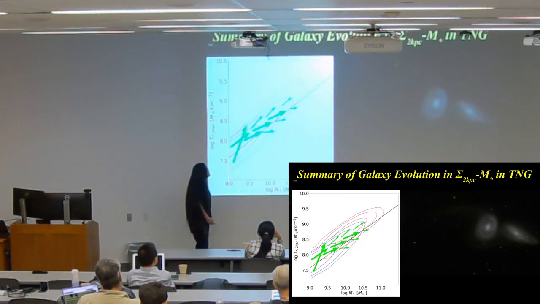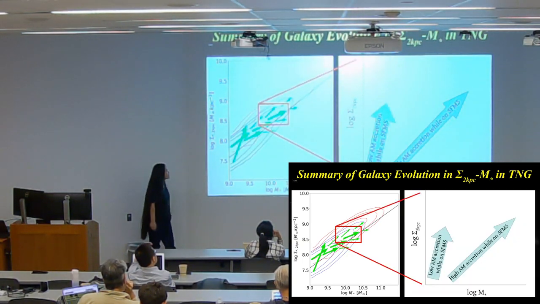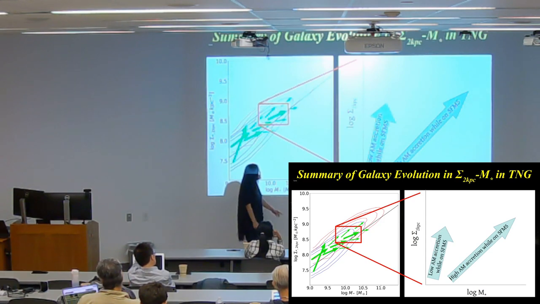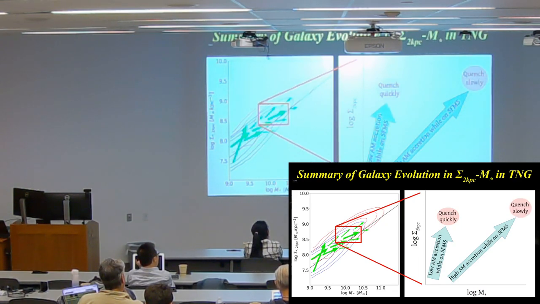Okay, so here, this is just a cartoon of what we had discovered: if you're accreting gas with low angular momentum, then you'll evolve more steeply in this diagram. If you're accreting with high angular momentum, you'll evolve more shallowly in this diagram. And it turns out that you quench quickly if you're on this track, and you quench slowly if you're on that track. So that's a summary of that particular result.